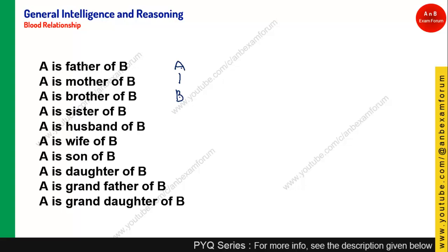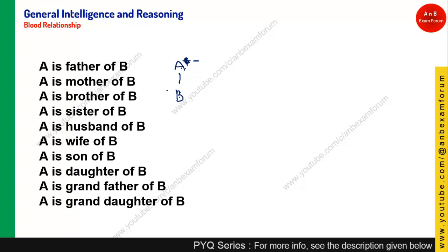Since father is mostly a male person, it is plus. So first, it is made like this: A is father of B. And if it is mother, then this plus symbol will be changed to minus: A is mother of B. Here, for B we don't know the gender, because nothing is specified whether it is son or daughter, so we leave that symbol. We only know the person's name.